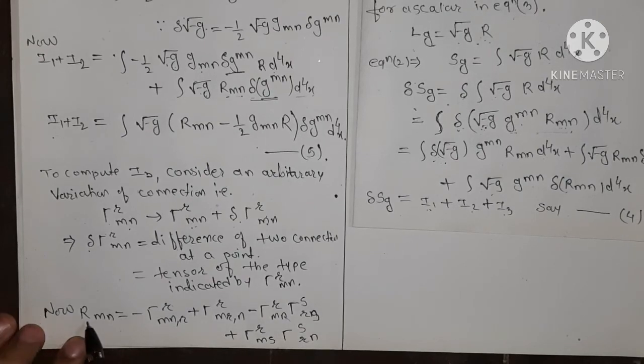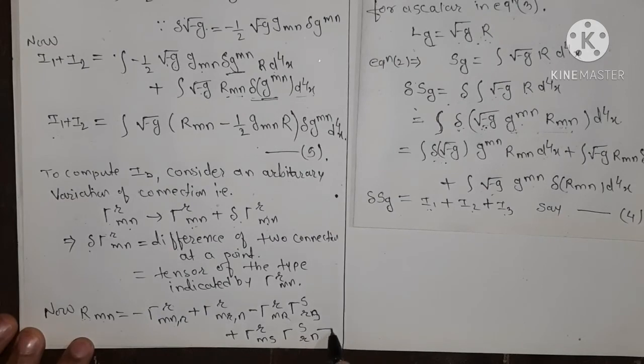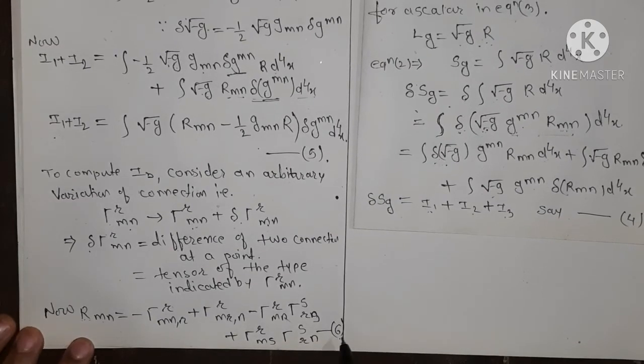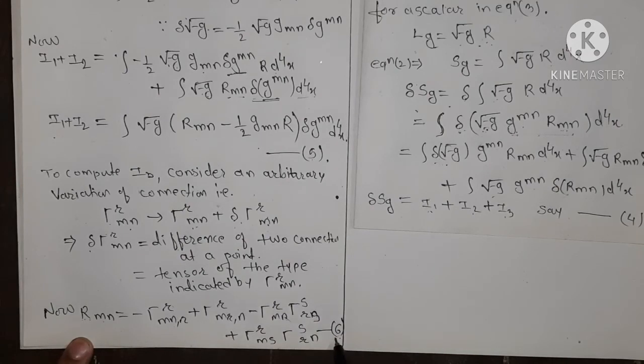So this is our definition of the Ricci tensor R_mn, and we give this as equation number 6. Okay, up to 5 is done, so we have given this as equation number 6.